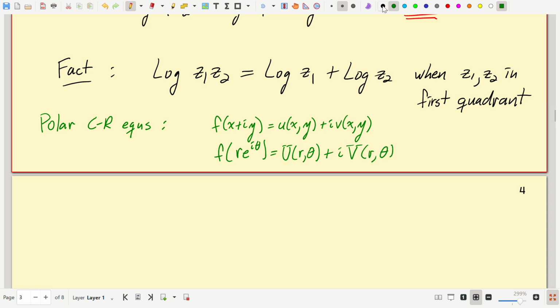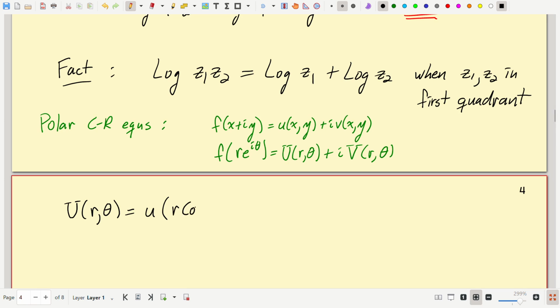If you start thinking about what this means, it means that U of r theta would be the same as little u at the polar point r theta, where x would be r cosine theta and y would be r sine theta.